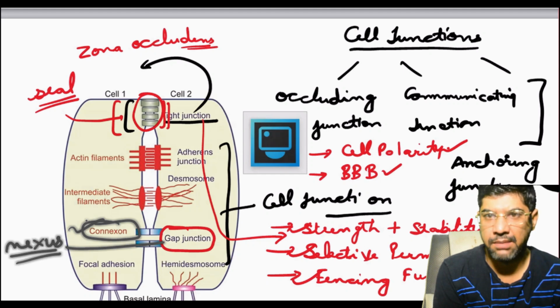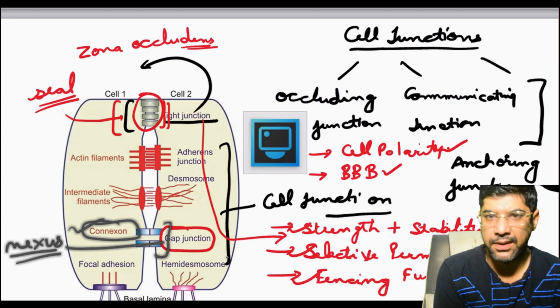Each channel is composed of two halves, one from each cell. These halves align to create a complete channel connecting the cytoplasm of both cells. Each half channel is known as a connexon. It is composed of 6 protein subunits known as connexin.